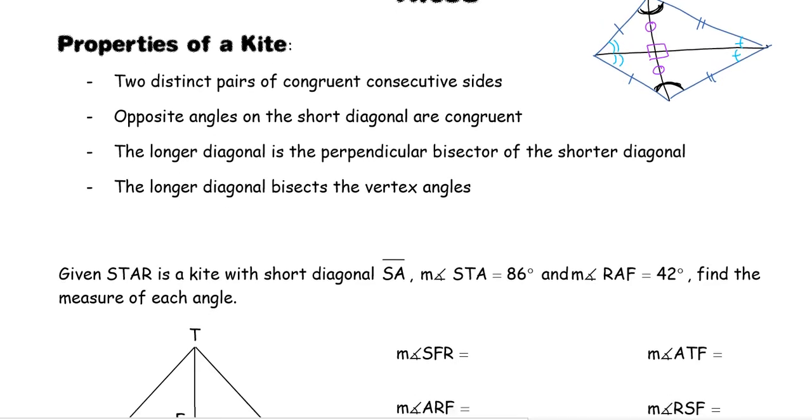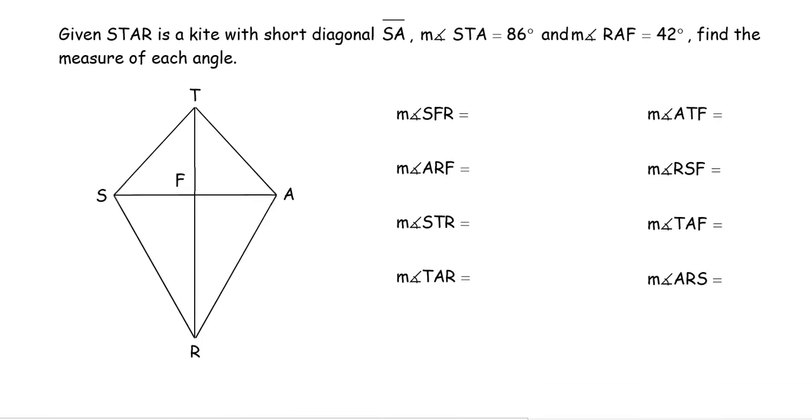So let's go ahead and look at what this means. Here is our kite. The short diagonal is SA. So if this is the short diagonal, this is the one perpendicular bisector. That also means that this big angle is congruent to this big angle.